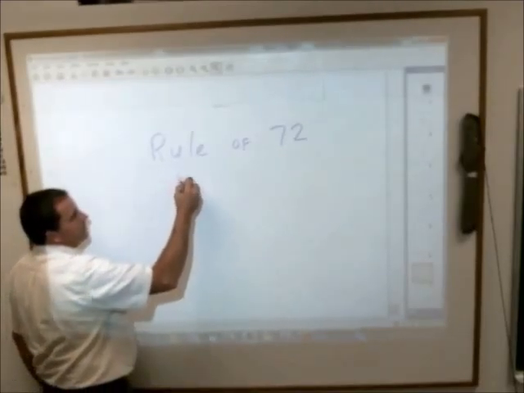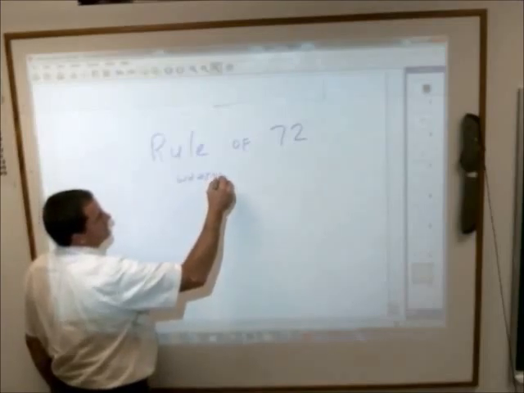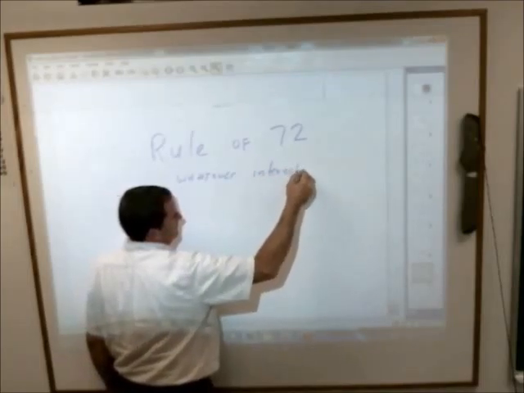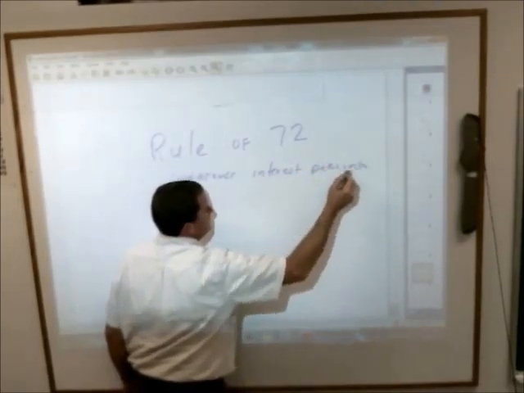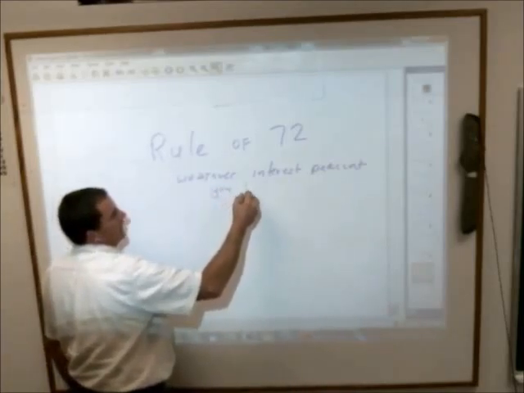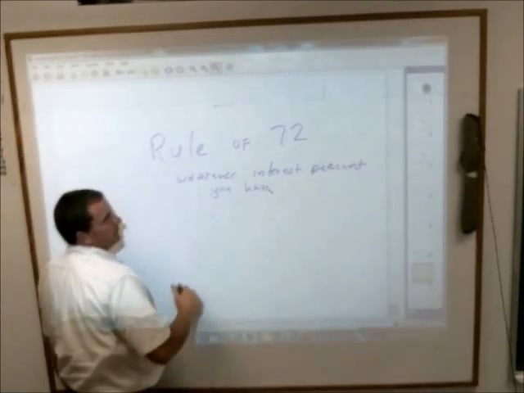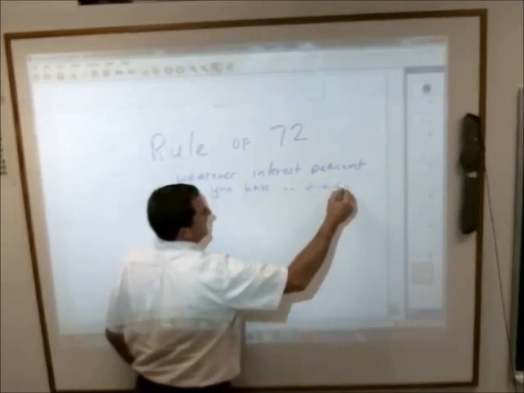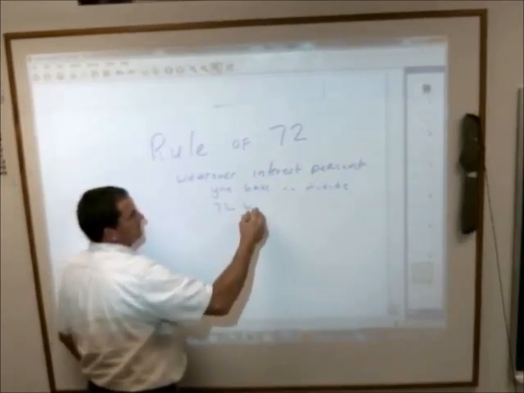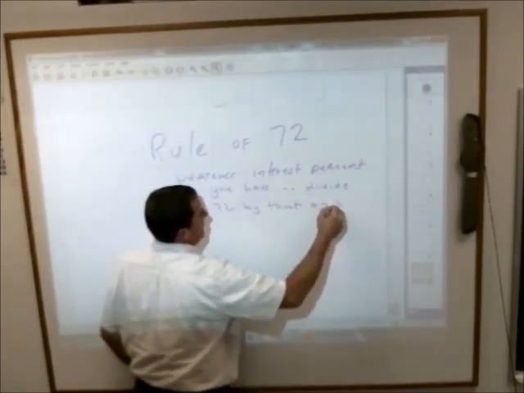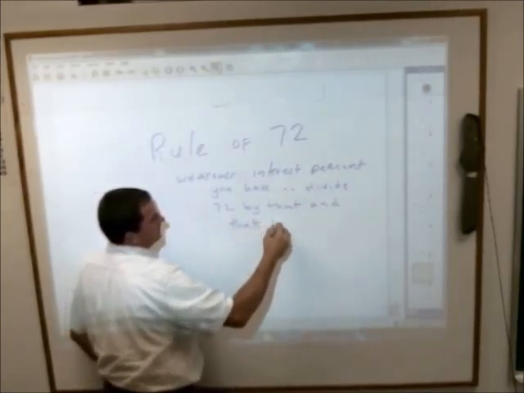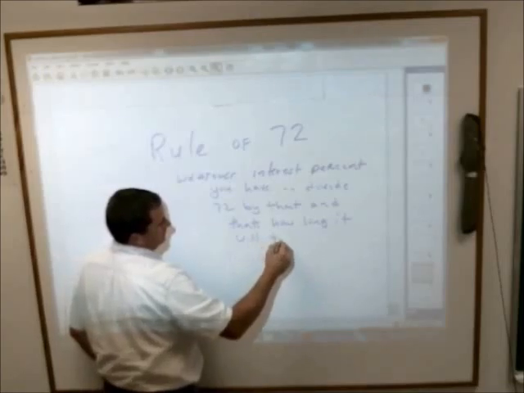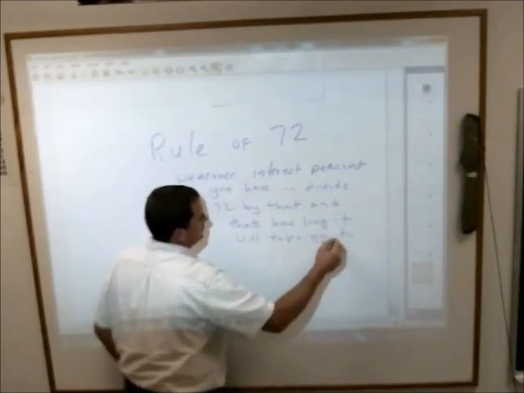Whatever interest percentage you get, whatever interest percentage you have, you divide 72 by that, and that's how long it will take you to double your money.